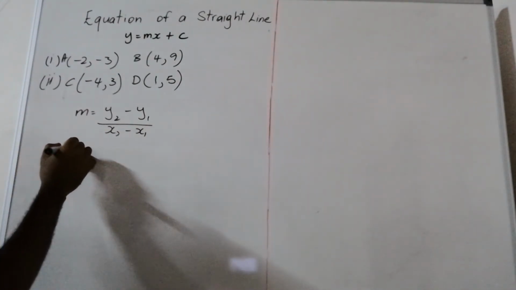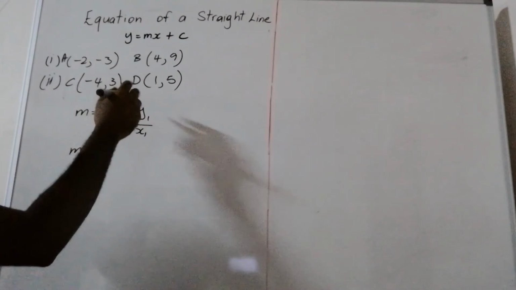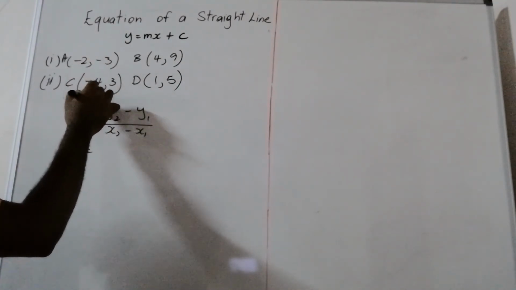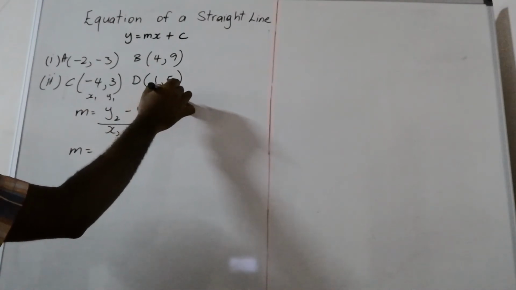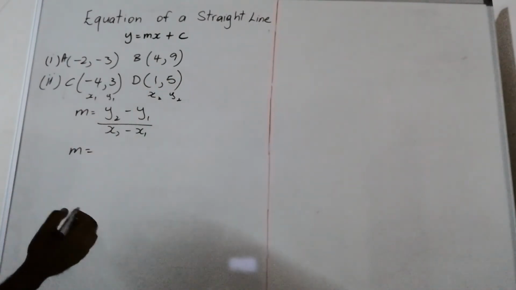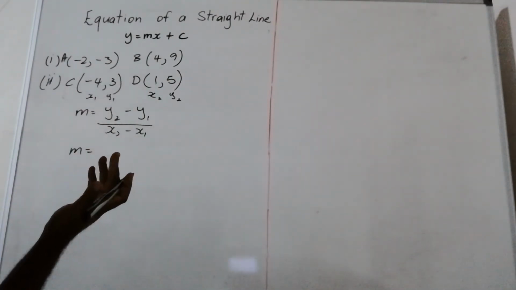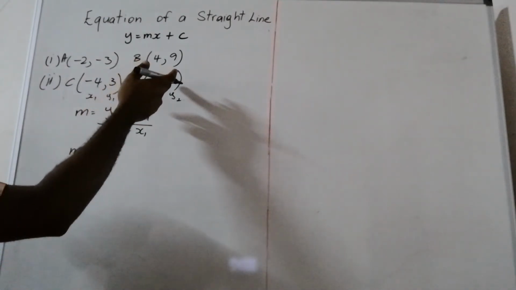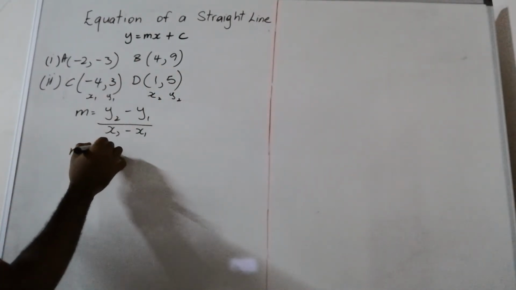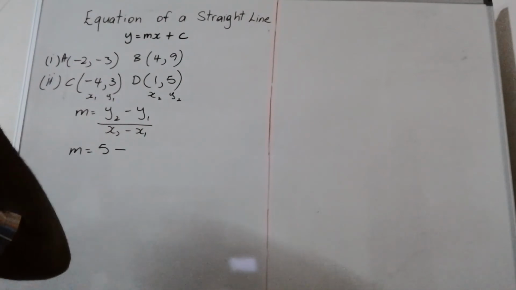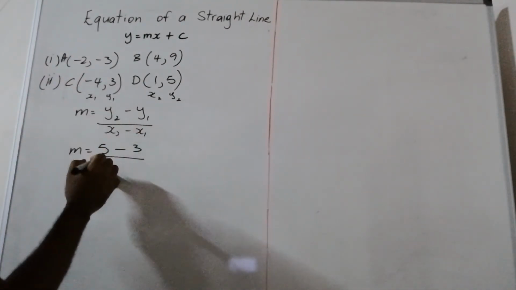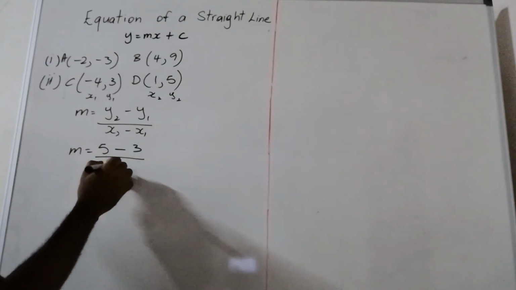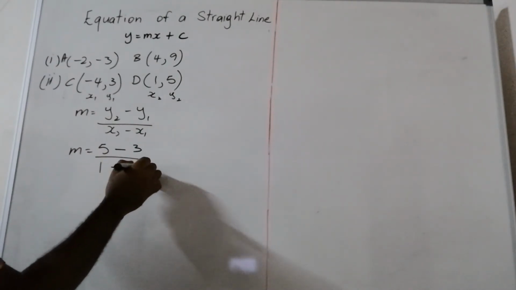So our gradient is equal to, using our points here, we have x1 and y1, x2, y2, right? So let us substitute our values. So y2 is 5, 5 take y1 is 3, over 1 take negative 4.